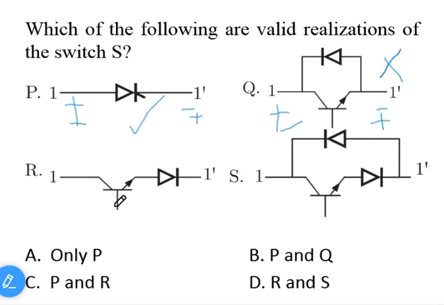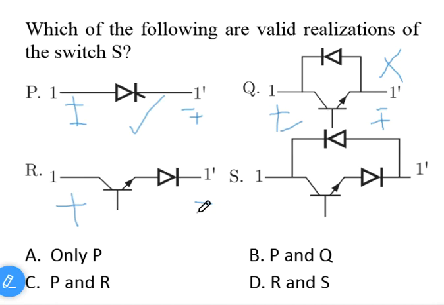Now let us look into the R switch combination. This diode will allow only forward voltage. If I give a forward voltage, the diode will allow. But the BJT can block this voltage. Unless I give the control signal, the BJT will not turn on. Since the BJT cannot turn on, I can say that this can block the forward voltage.